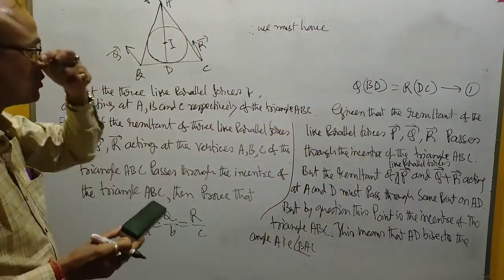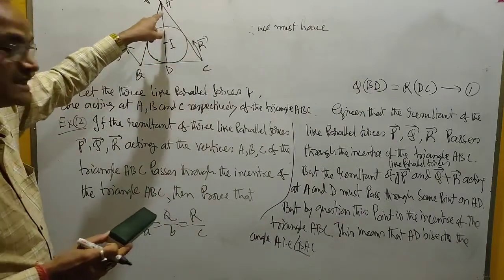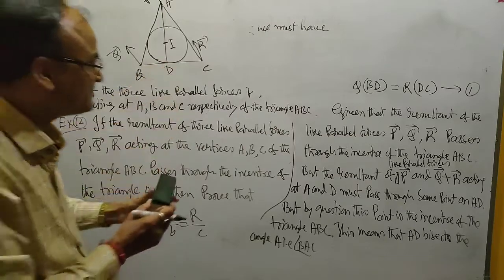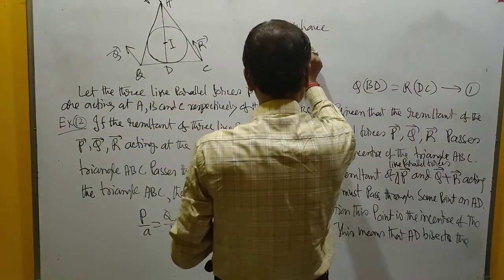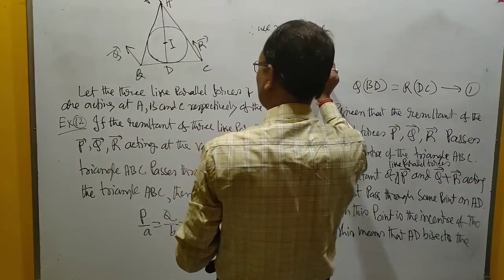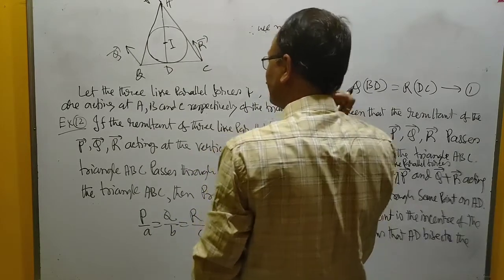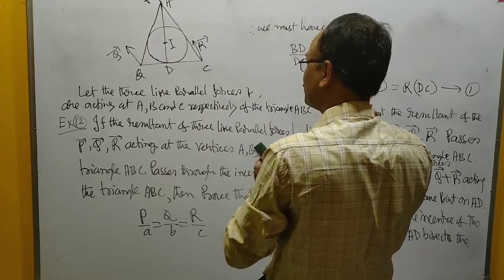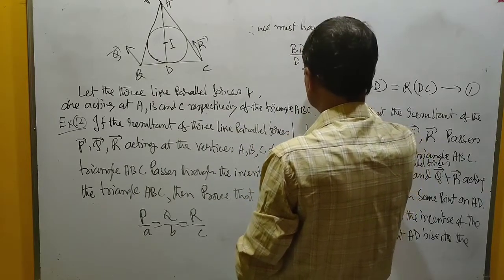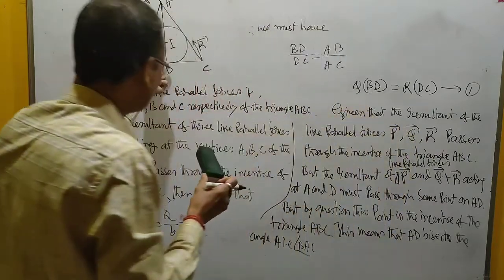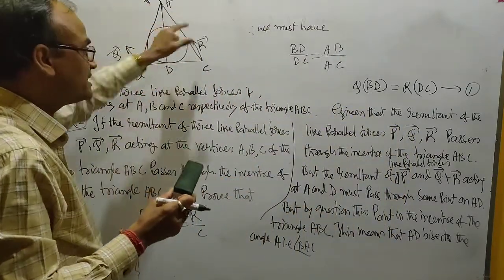Since it bisects the angle BAC, we must have BD by BC equal to AB by AC.